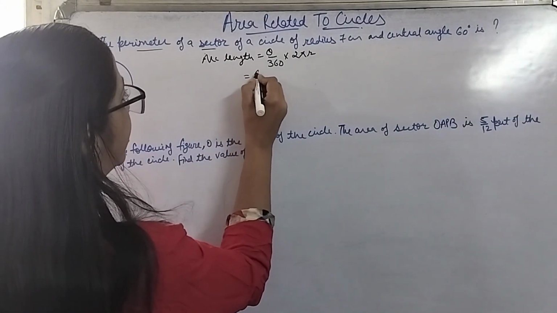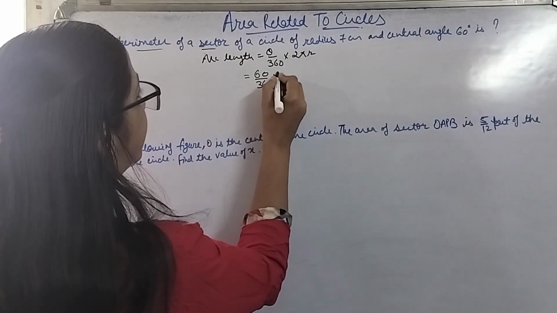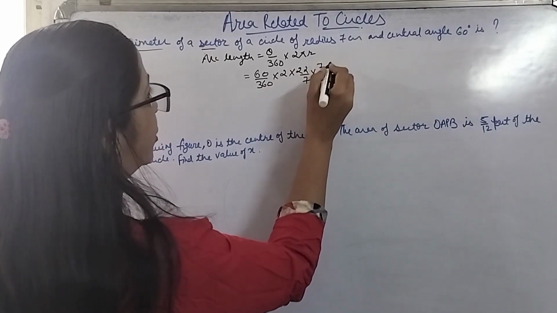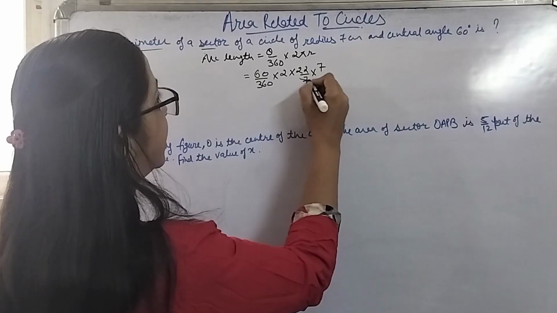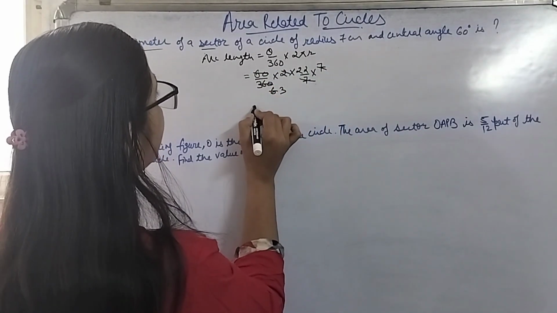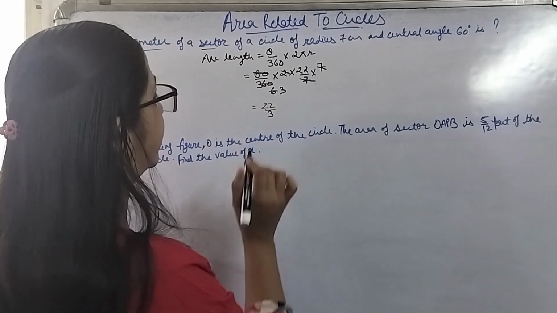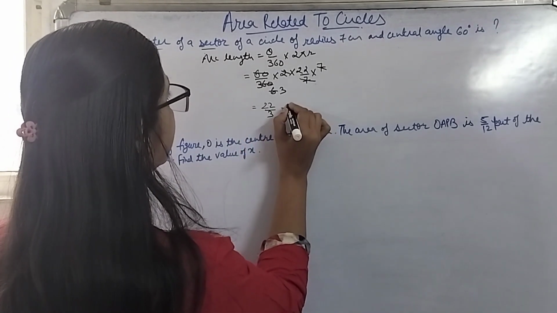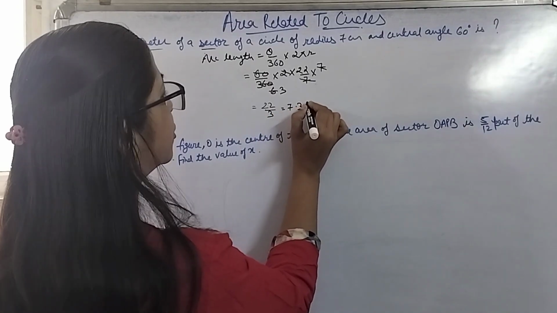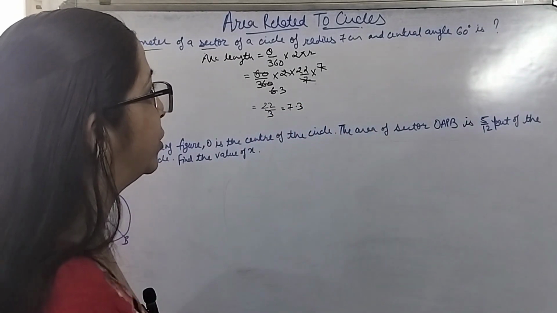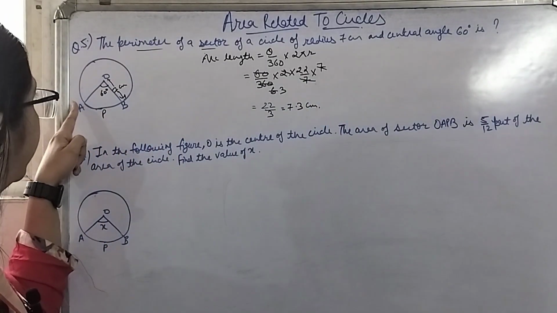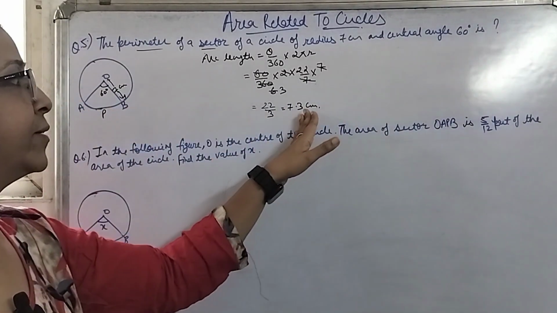So we keep the values: 60 over 360 multiplied by 2, pi we take as 22 by 7, and r is 7. 7 cancelled, 60 goes 6 times, 2 goes 3 times. So it will be 22 upon 3, which is 7.3 approximately, since 3 threes keep coming. So 7.3 centimeter is the arc length, the distance of APB.